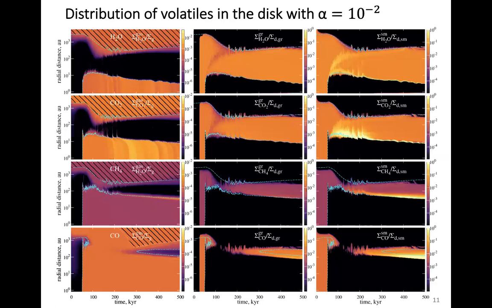If we look at the distribution of volatiles in the same diagrams, in the gas phase, on the surface of ground dust grains and on the surface of small dust grains, we can see that there are multiple snow lines for each of the molecules. Apart from the main thermal snow line, which we have seen in the previous slide, there is also another snow line, an inverted one, in the envelope in the outer disk.